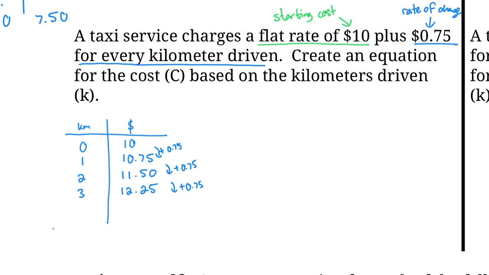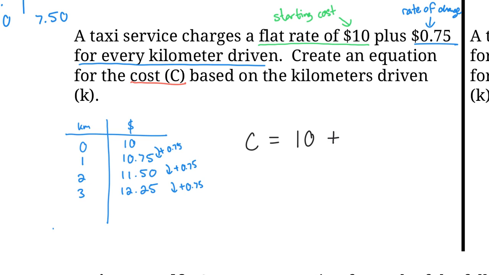And similar to our previous problem, since our rate of change is 75 cents, we can multiply our number of kilometers by 0.75. So we're creating an equation to represent the cost. So our cost C is equal to something, and part of that cost is always going to be this starting cost, this flat rate of $10. So we're always including $10 plus our rate of change.